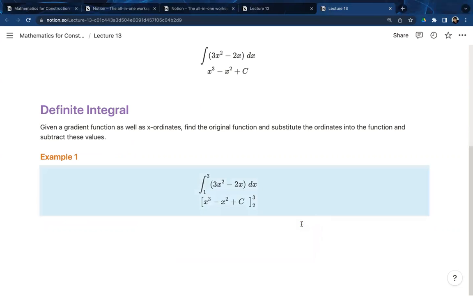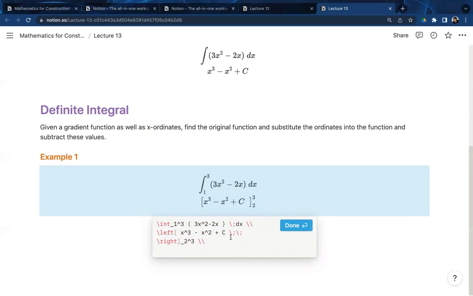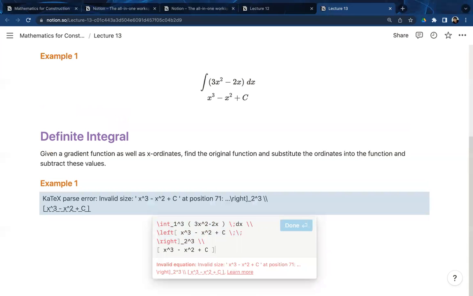Right, this looks better. So usually we represent it as square brackets with the limits. What this notation means is the value of the function when x is 3 minus the value of the function when x is 2. So we could write this again, minus.